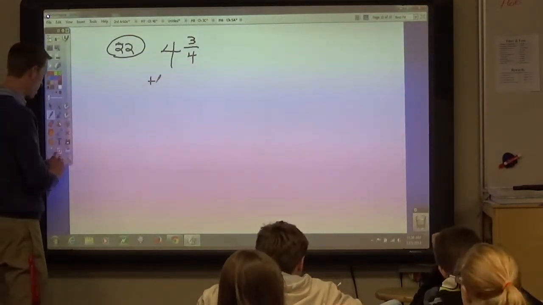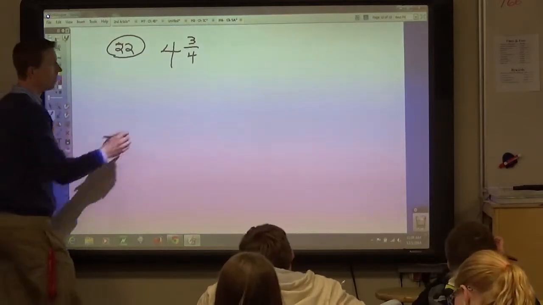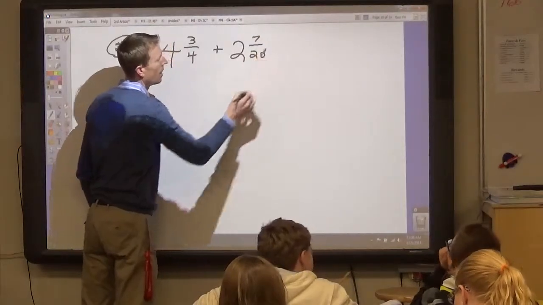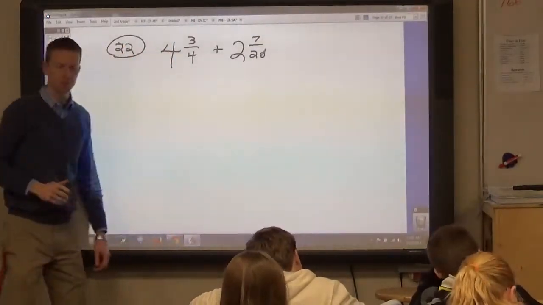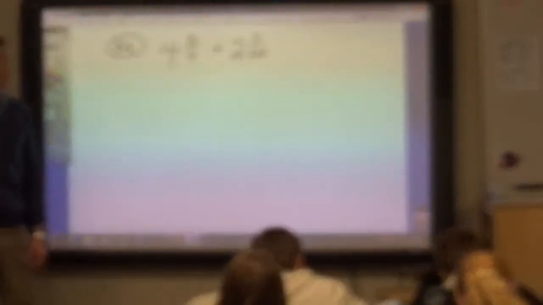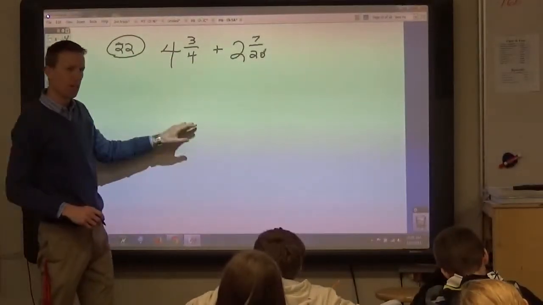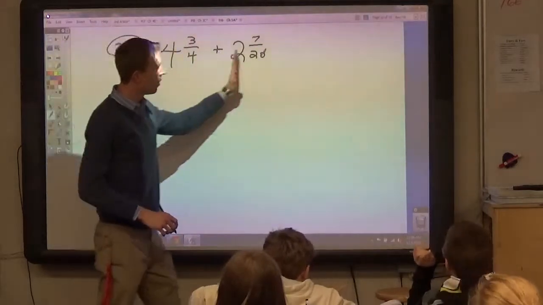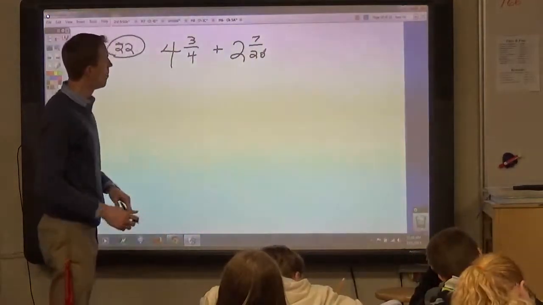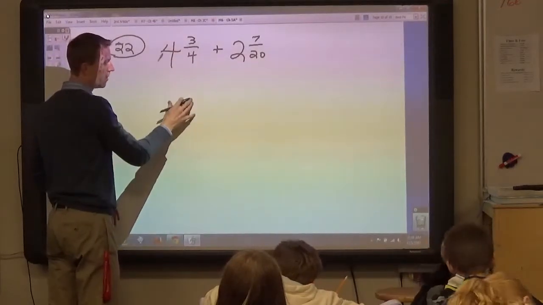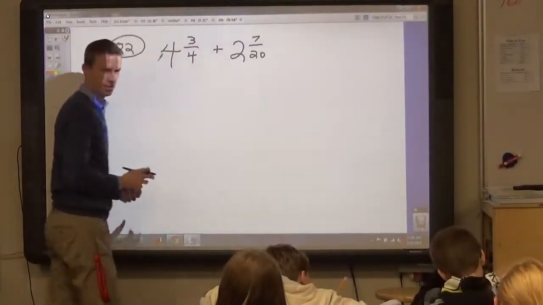Oops, I like to write them this way. And then rewrite the problem here. Actually, I guess it doesn't really matter if you write it going down and then going across. But I just like to write it underneath so that I know that this equals this and this equals this.